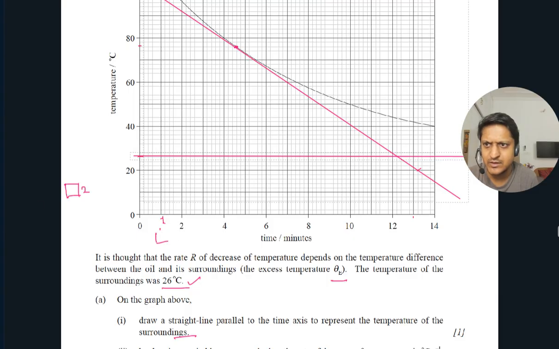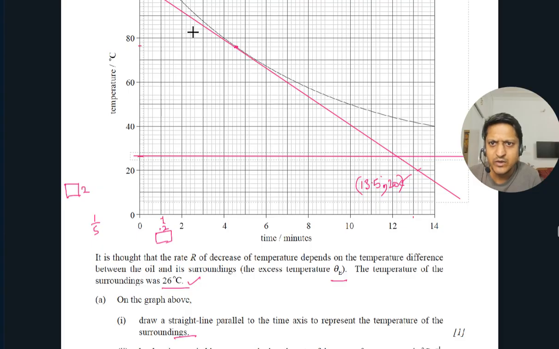Just wait. See, this is 1, 2, 3, 4, 5. So 1 by 5 is 0.2. So 0.2 is the one box. So we are here, like this is 13. So this point will be 13.5. This is the x-axis and the y-axis will be 20.